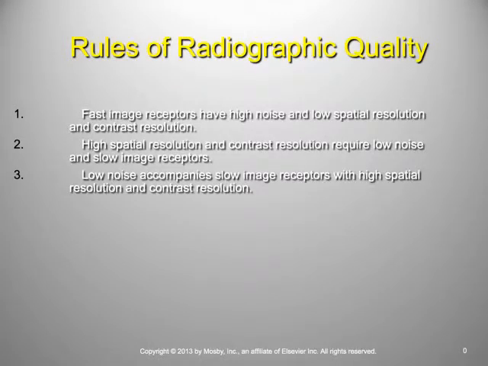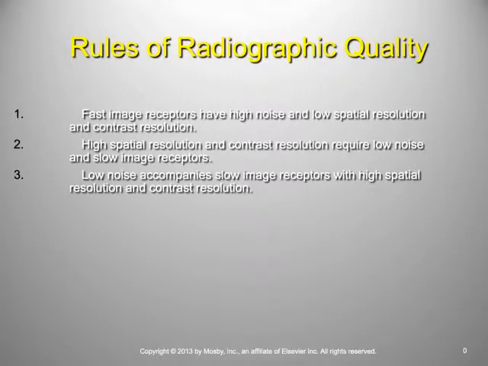So these still apply. One of the things that's kind of interesting about moving from film to digital systems is a lot of these rules of radiographic quality are still in full effect. So fast image receptors have high noise and low spatial resolution and contrast resolution. High spatial resolution and contrast resolution require low noise and slower imaging receptors. Okay?